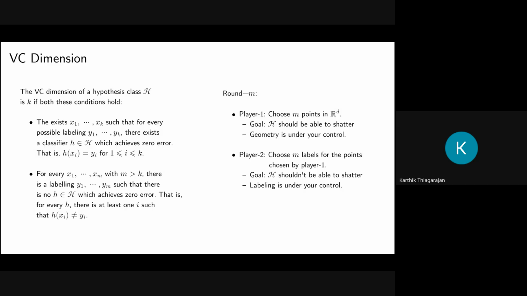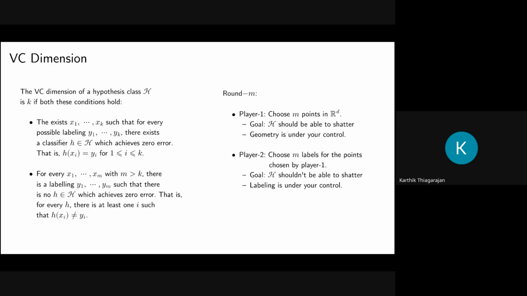All that you need to do as player one is choose some m points. They could be anywhere, but it is your choice. And all that you need to do is show just one such configuration. As far as player one is concerned, the configuration is under his control, and he only needs to specify one configuration of the points.